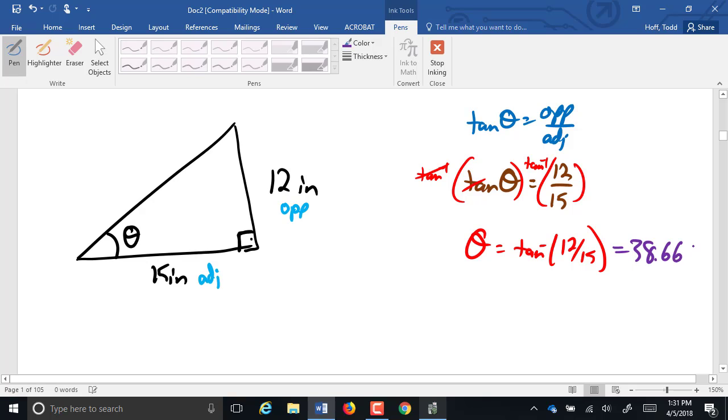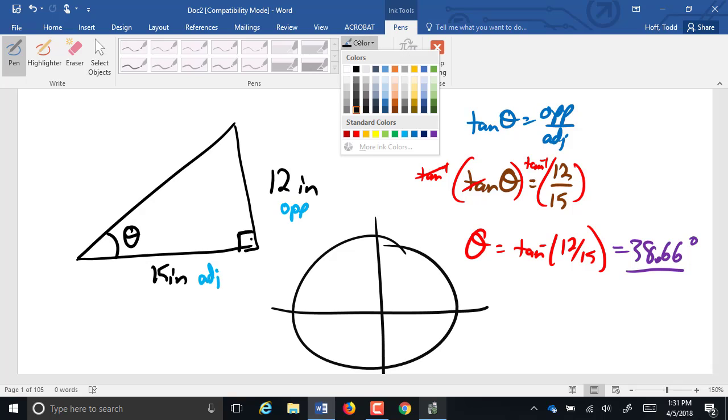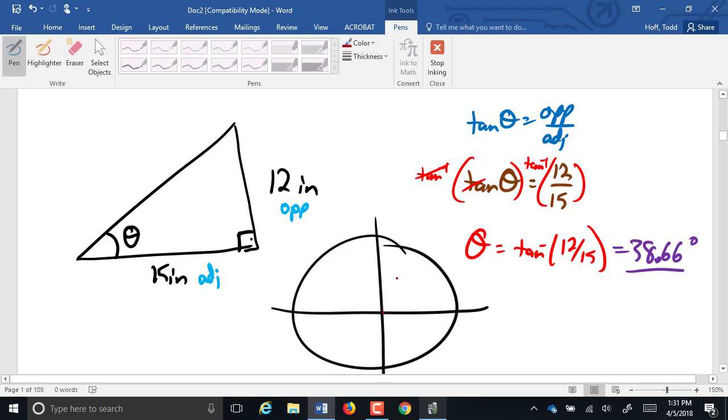However, looking at our unit circle, knowing what we know about those reference angles, there are going to be other angles that have that same inverse tangent. 38.66 degrees is right here.